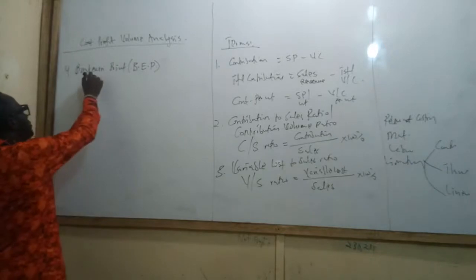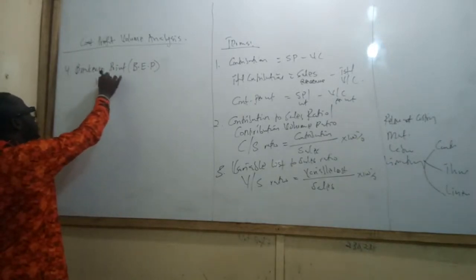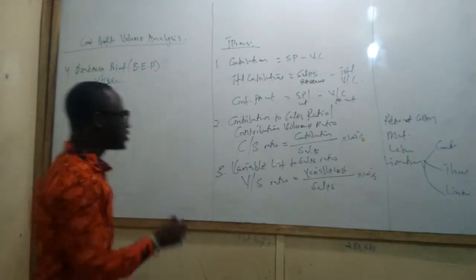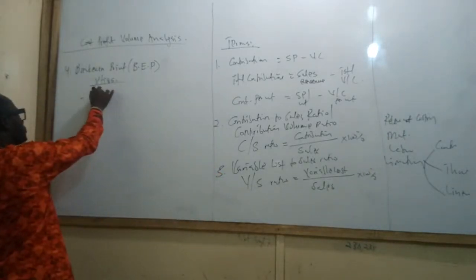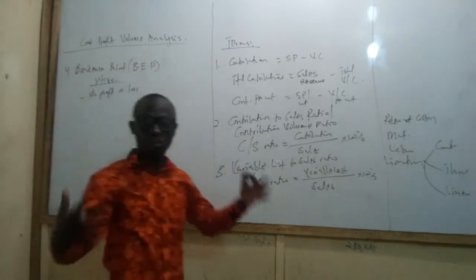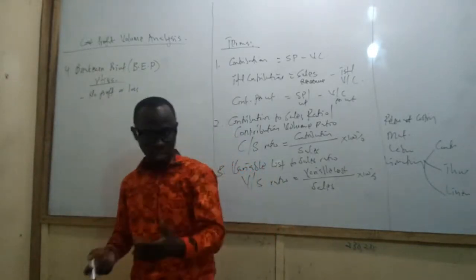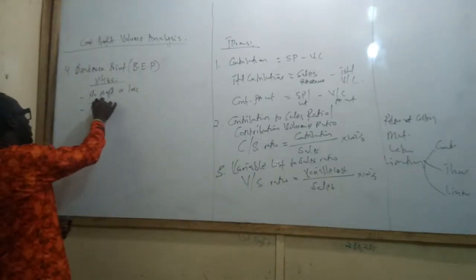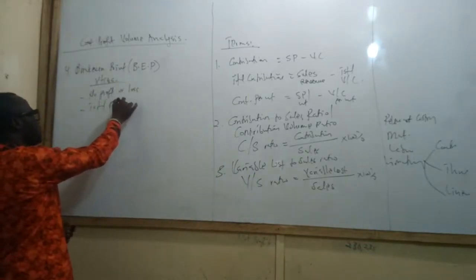Now, in break-even, there are some aspects we need to take into consideration. First, there is no profit or loss. So the company is not making any profits, neither is it making losses. 2, total revenue is the same as the total cost of the company.